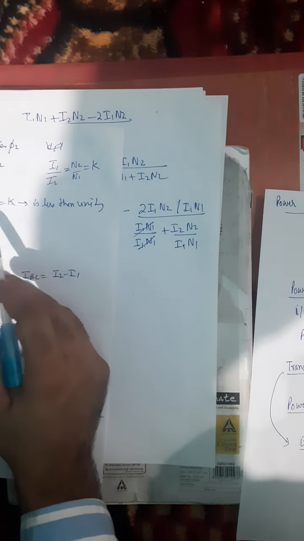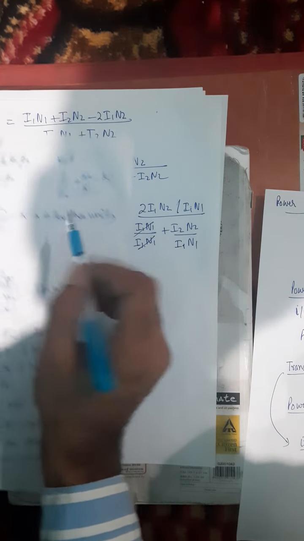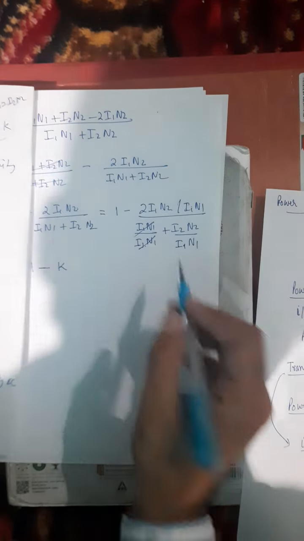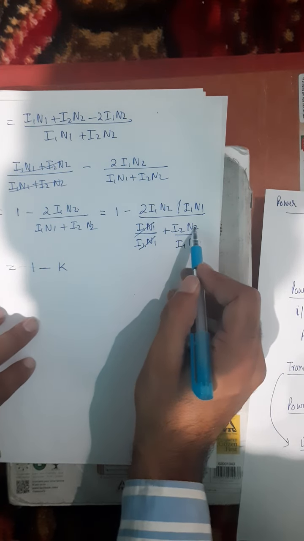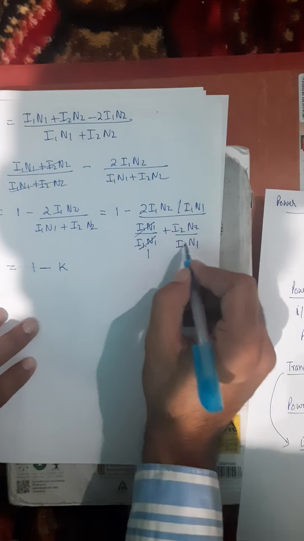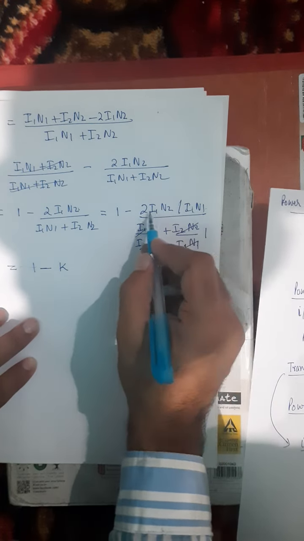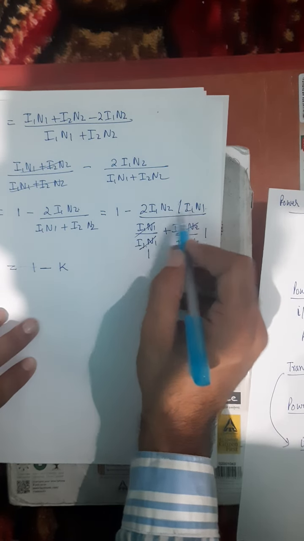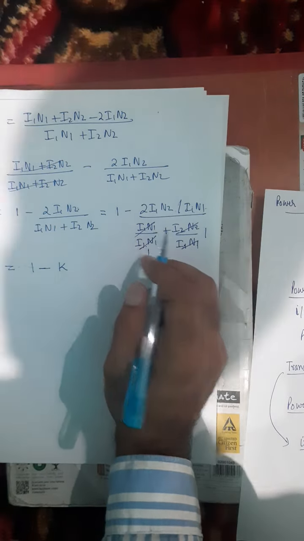If you try it at your own place, substitute I1 N1 is equal to I2 N2. If you solve it, you will get I1 N1 is equal to I2 N2, so their ratio is 1, they are both equal.